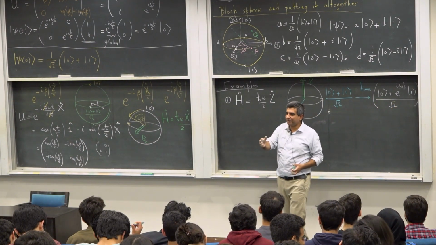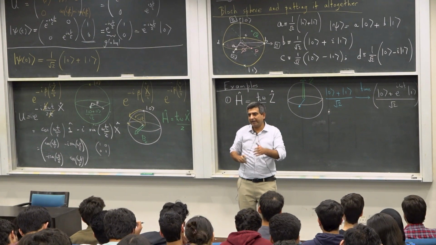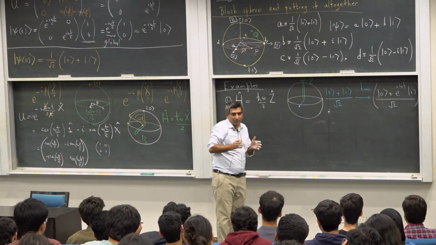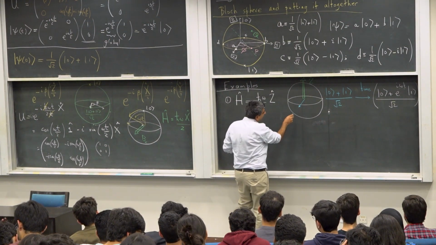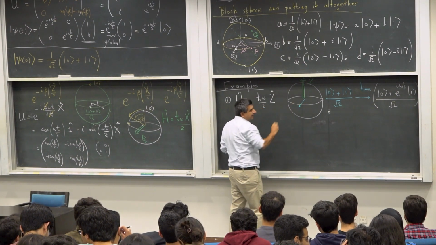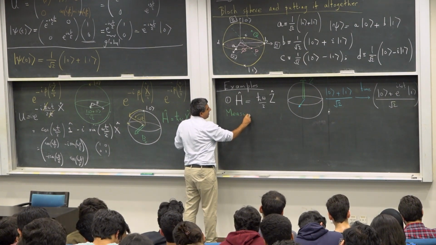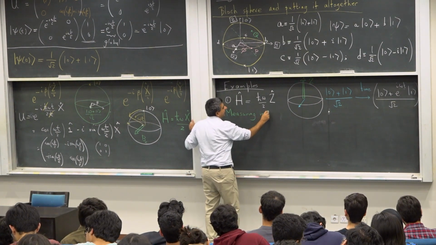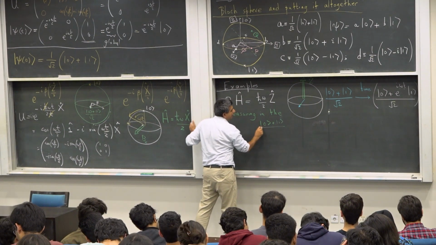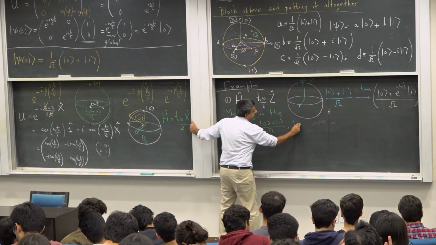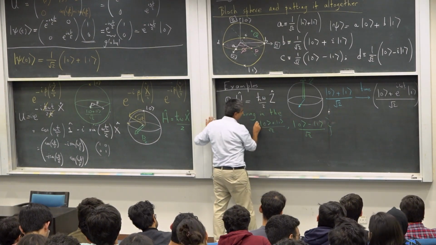I want to project it onto an observable state. So I'm now measuring in a basis. Whenever I want to do a measurement, I measure in a basis. So here I put my observation along the x direction, which means I'm measuring in the ket 0 plus ket 1 over root 2, ket 0 minus ket 1 over root 2 basis.